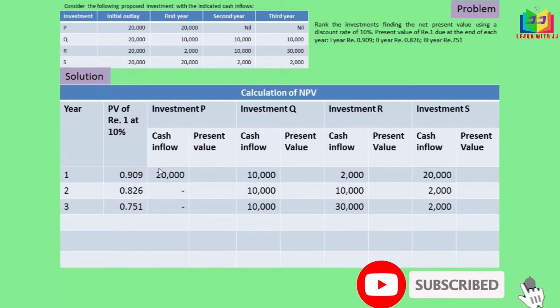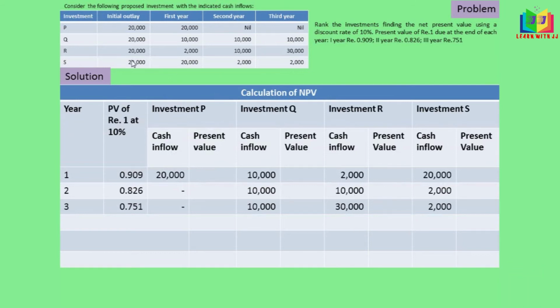I have written the cash inflows of P, Q, R and S: 20,000 for P, and for the second and third year it's nil, for Q 10,000, 10,000, 10,000, for R 2,000, 10,000 and 30,000, and for S 20,000, 2,000 and 2,000.